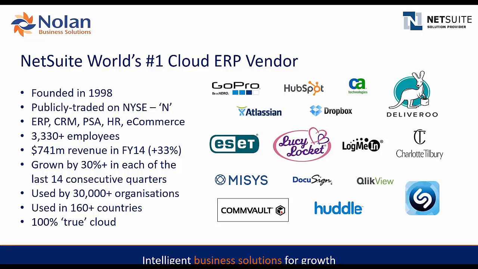diverse customer base. So what does that mean? It's a very adaptable system, which can be used by all organizations, regardless of size, industry, or other characteristics. The system is also 100% true cloud, which means it's accessible anytime, anywhere, and on any device. It's not an on-premise system that is hosted on a server somewhere and is accessible only within the network.